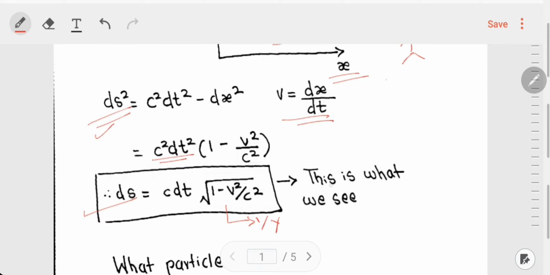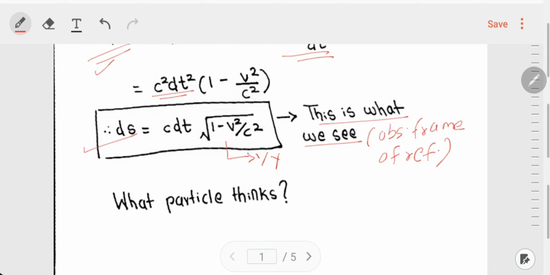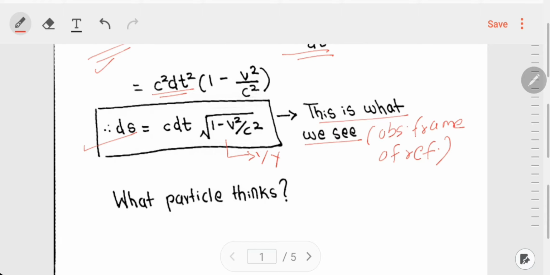Now this is what we see the particle doing, that is, these are the observations from the observer's frame of reference. But there is one more frame of reference, and that is the particle's frame of reference, in which we'll get to know what the particle thinks about this motion.